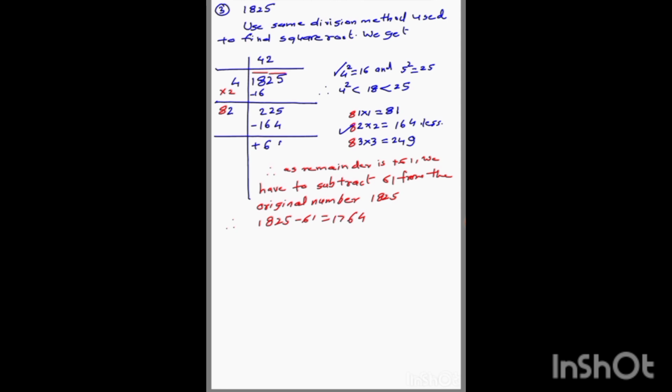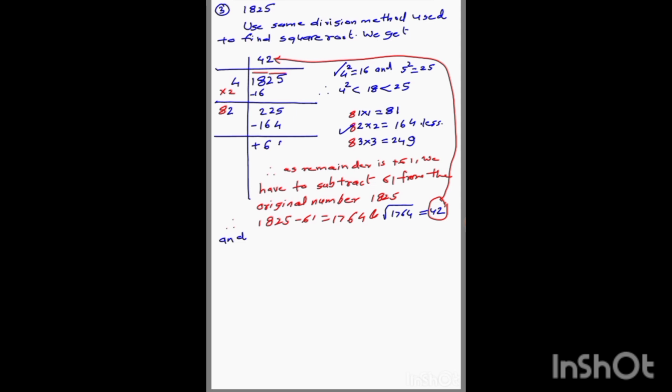Yes, and this is a perfect square. Perfect square of what? The answer 42, which we got. So root of 1764 is 42. Got it? So this is 42. See, it is here. Yeah, that is the answer. The answer is actually 61.